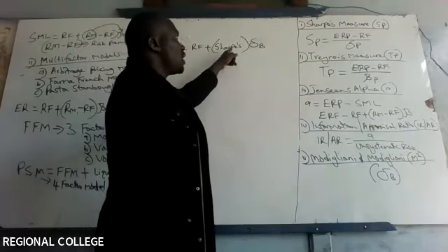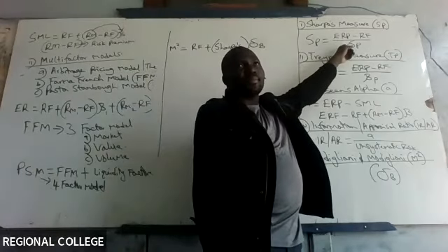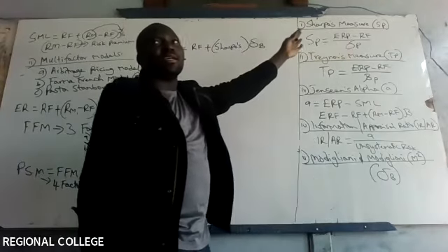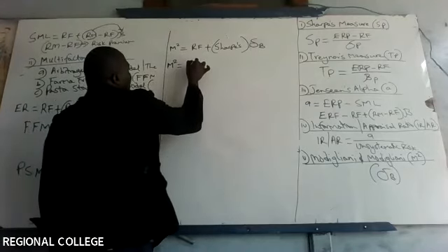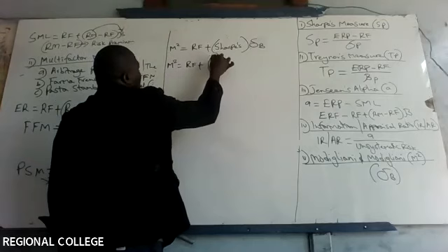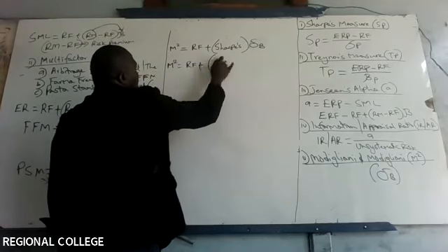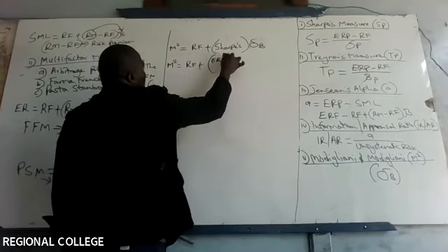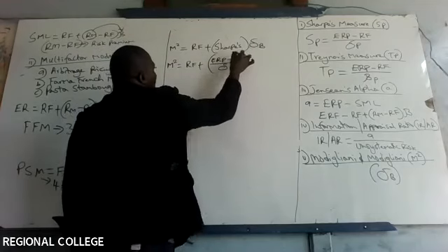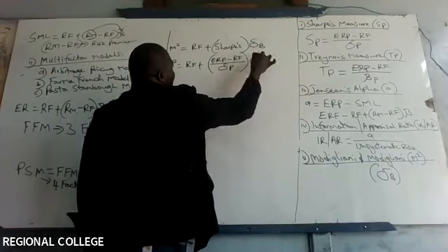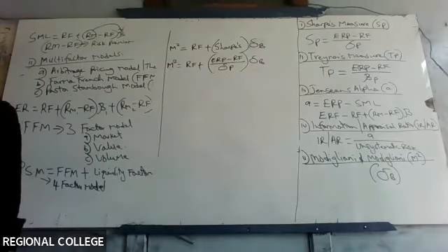So we can get its formula directly. M squared equals RF plus expected return of the portfolio minus RF, divided by standard deviation of the portfolio, times standard deviation of the benchmark portfolio.